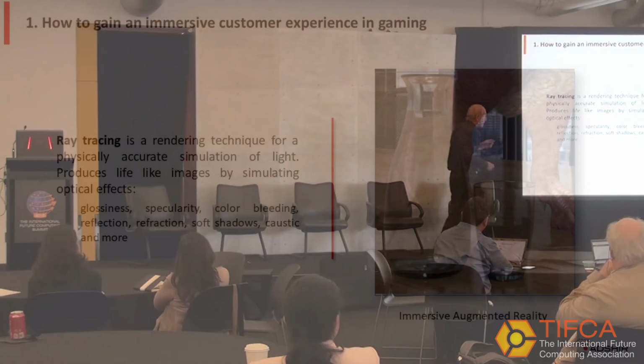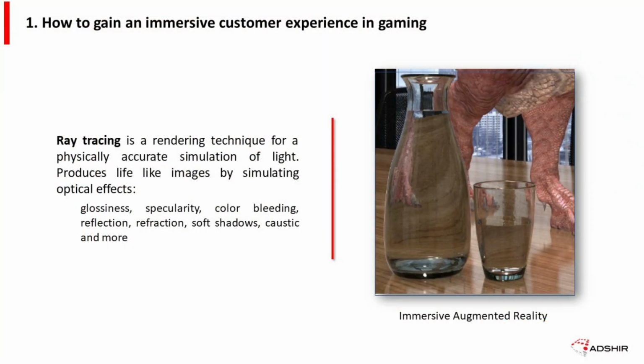Let's look at this picture. This is a dinosaur on a table. Okay? So it's very hard to believe that this is real. But the dinosaur is in an environment of glasses, of walls, of mirrors, and so on.